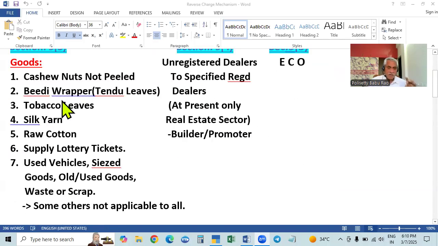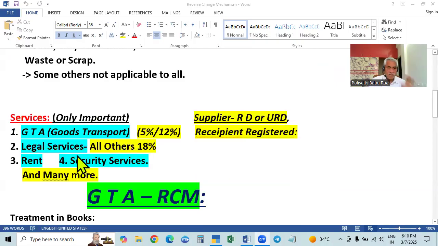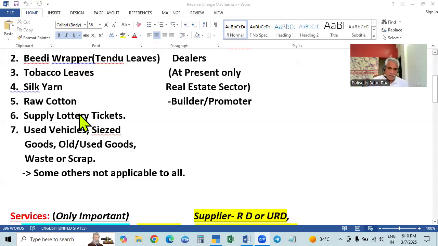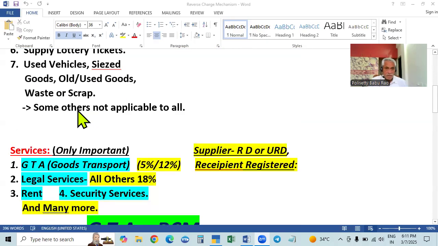Section 9(3) covers specified goods and services, whether the supplier or seller is registered or unregistered and the buyer is registered. The most important service is GTA, meaning Goods Transport Agency.